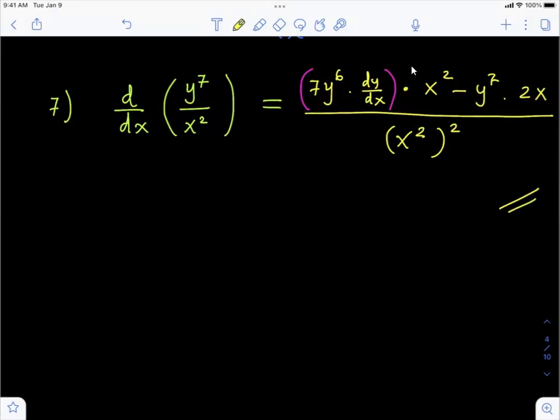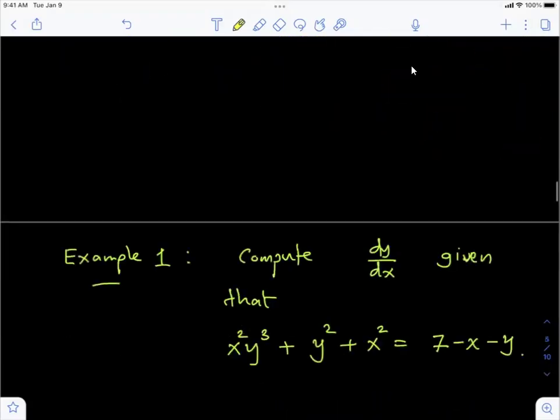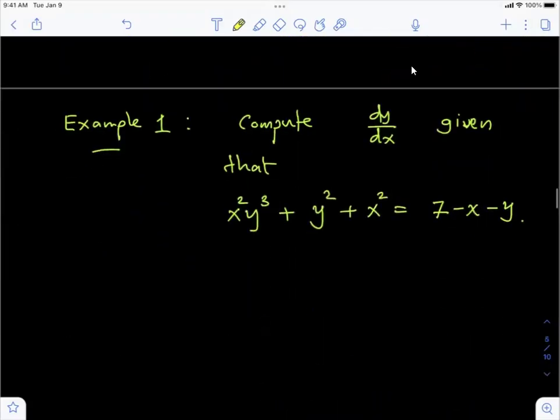Now, given that you can perform these computations individually, let me show you an example. Compute dy dx, given this implicit relation. Now, this is a new domain.